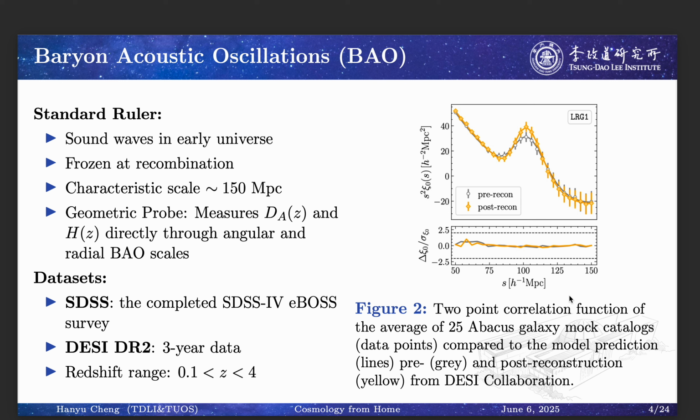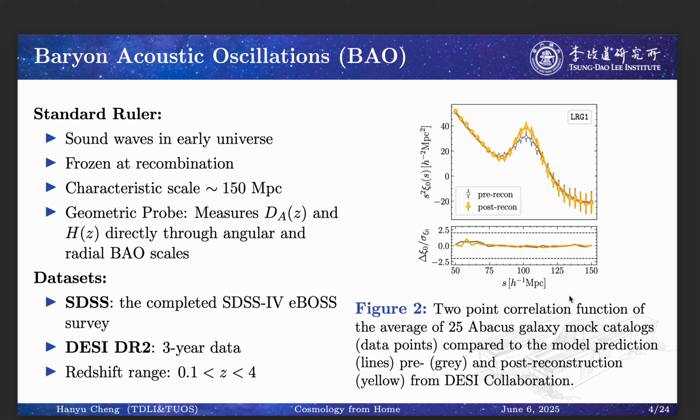When the temperature goes down, electrons combine with nuclei to form neutral hydrogen. Then this sound wave is frozen at recombination, and this is called the BAO.